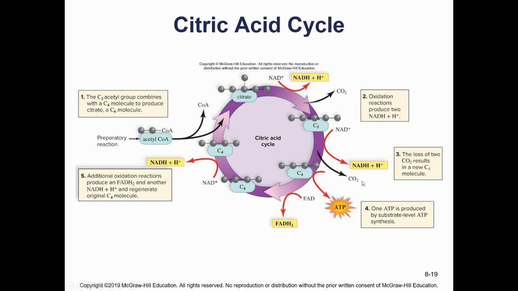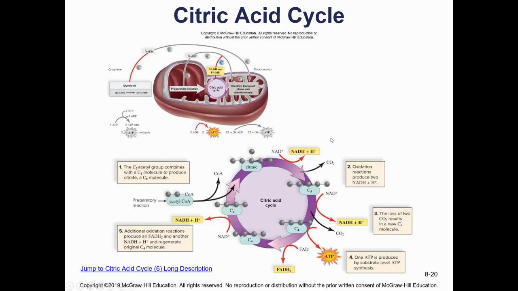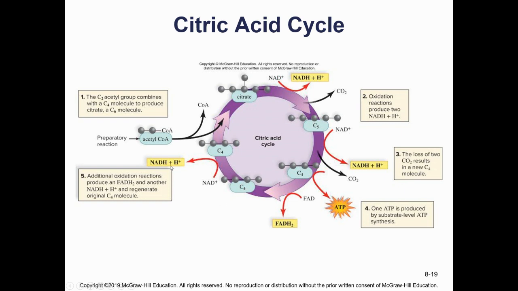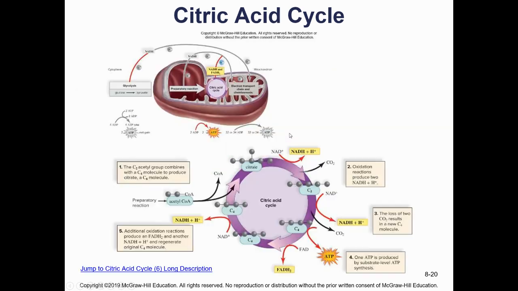So exhale some more waste product, and in this process, I'm going to generate a little bit of ATP. I have another taxicab, a different taxi company, that comes in and picks up a hydrogen. And this continues. My NAD picks up some more, and this continues in this cyclic manner until I'm back to oxaloacetate, which picks up acetyl-CoA coming in, and we continue the process again.